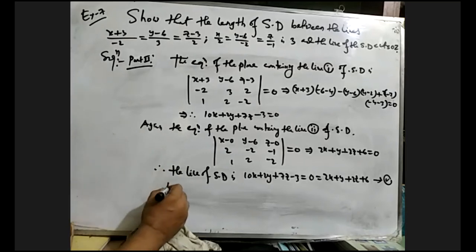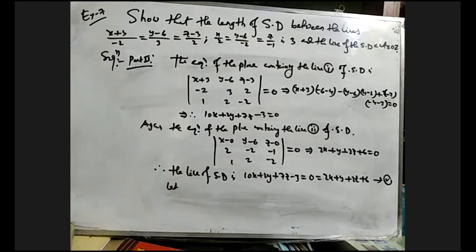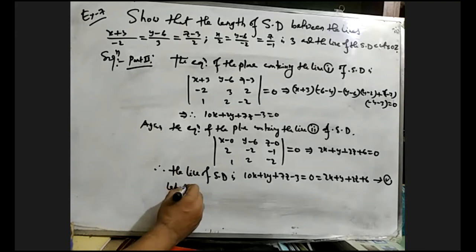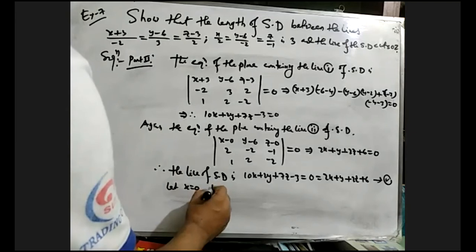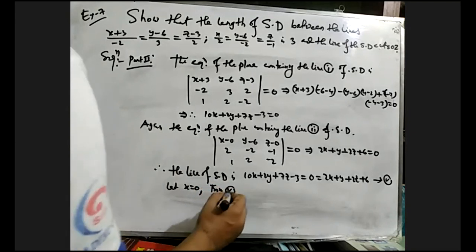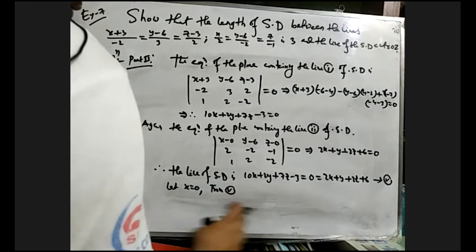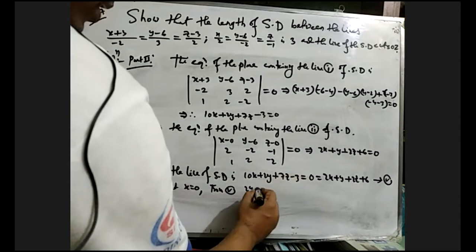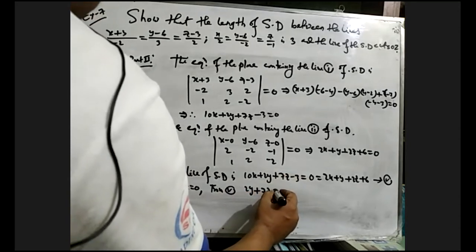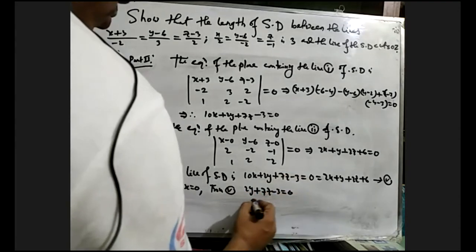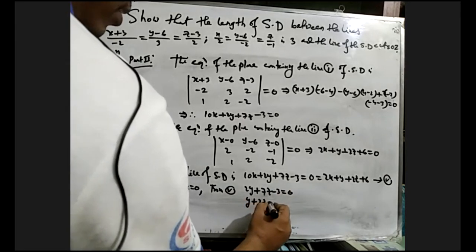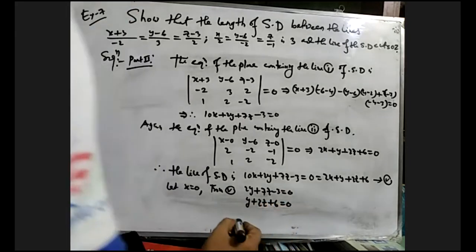Let x equals 0. From equation 5, putting x equals 0 here, we get twice y plus 7z minus 3 equals 0, and another one, y plus twice z plus 6 equals 0.